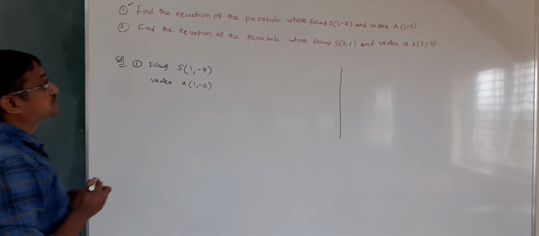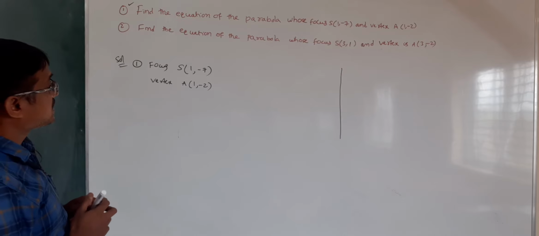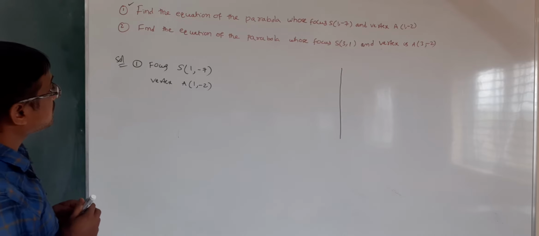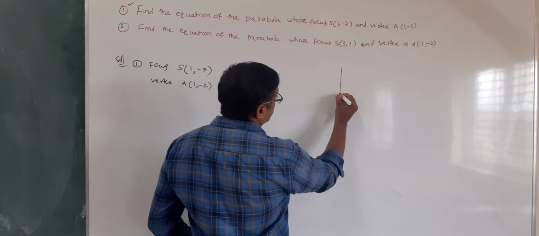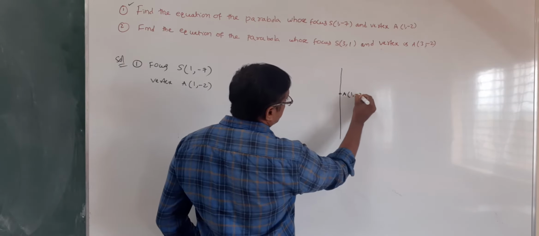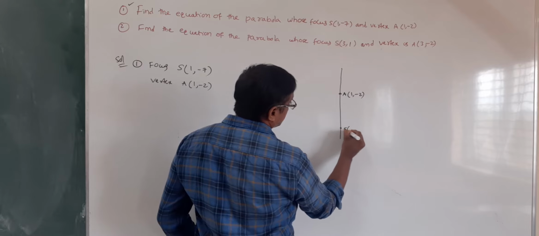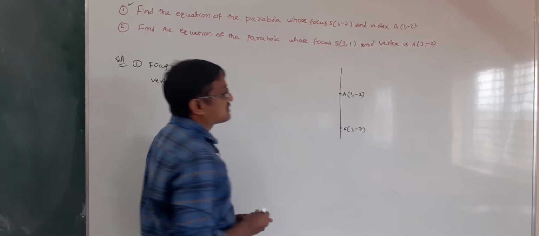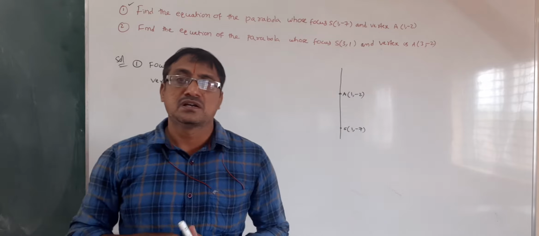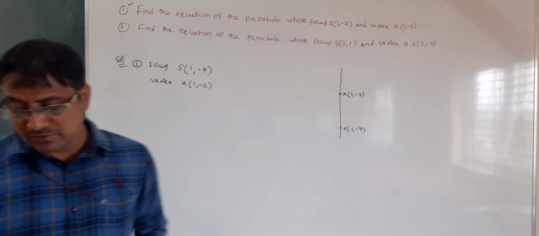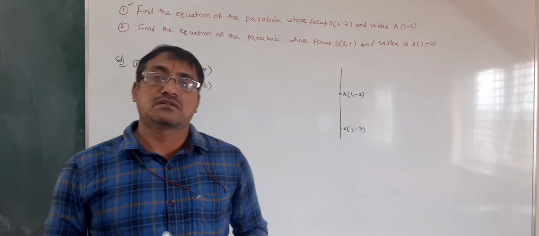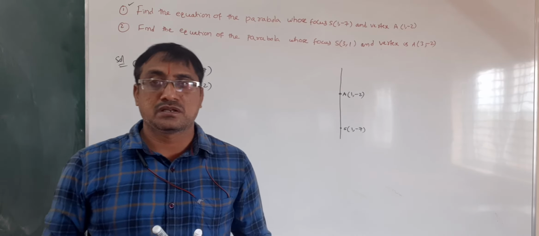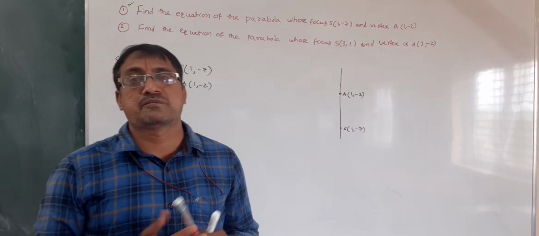And capital S 1 comma minus 7, capital A 1 comma minus 2. Now capital A 1 comma minus 2 and capital S 1 comma minus 7, this is the location of the points. Now we all know that for every parabola curve, we have 8 shapes of parabola.